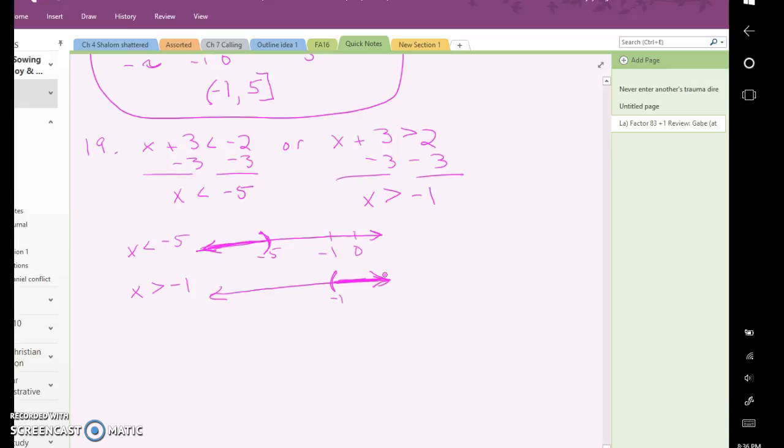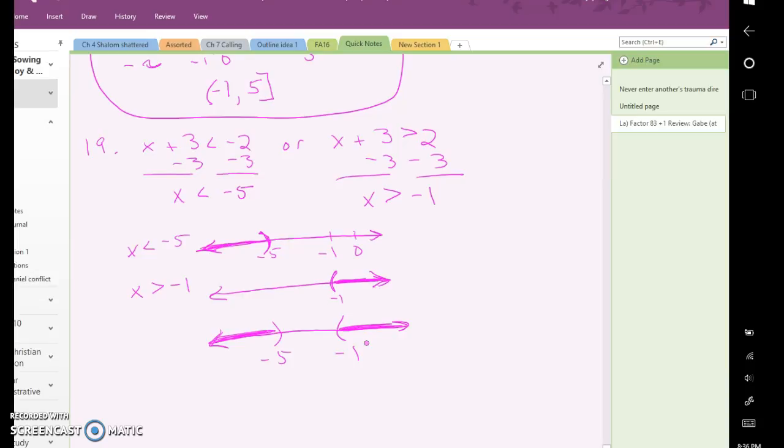That's not the answer, that's just the graphs that we are comparing. If our answer could be x is less than negative 5 or x is greater than negative 1, then a possible answer would be in this area or in this area. So that's what our graph would look like.